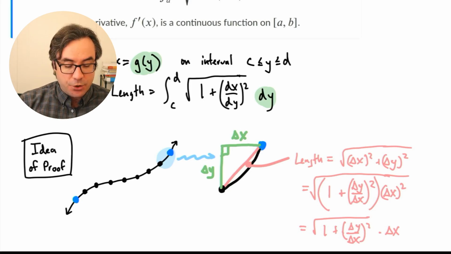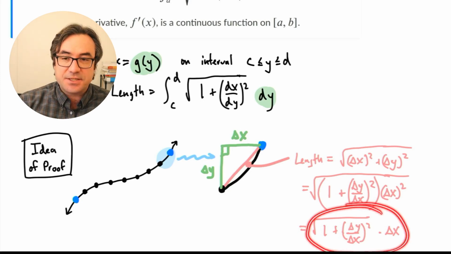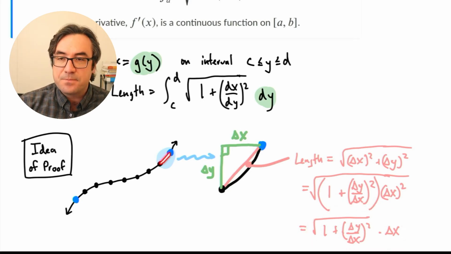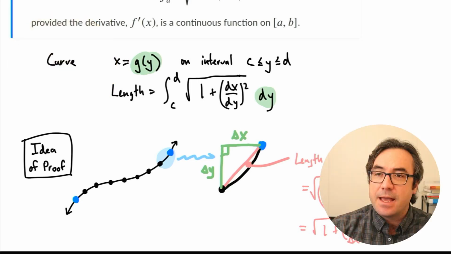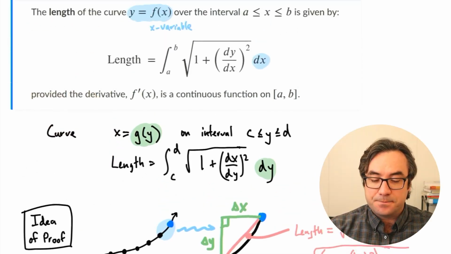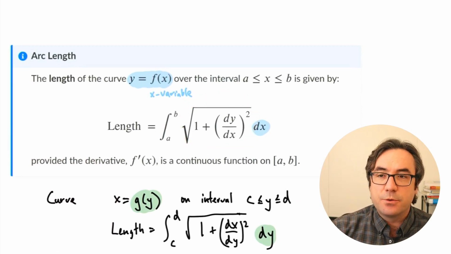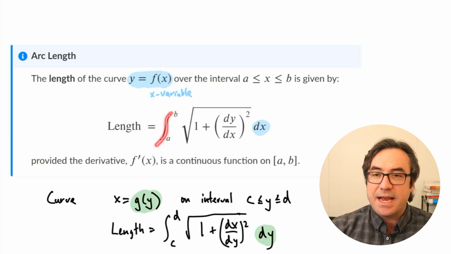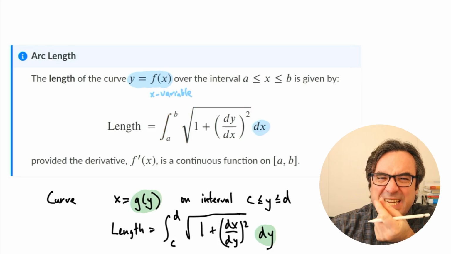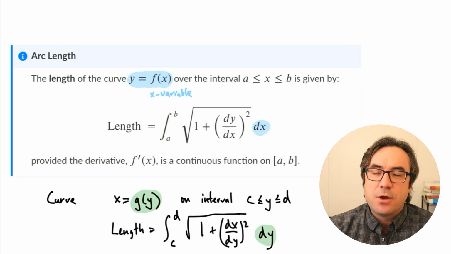So essentially we're taking the length of the hypotenuse of a right triangle, a little line segment, and adding up a whole bunch of those little pieces. And that's where this formula comes from. We have our square root term times dx, and the integral sign is adding up a whole bunch of tiny little line segments that make up our curve.